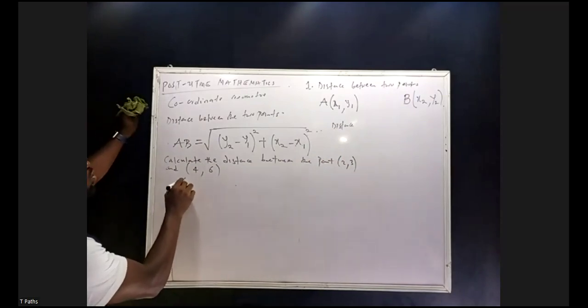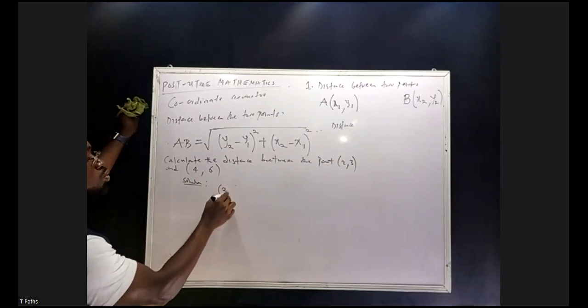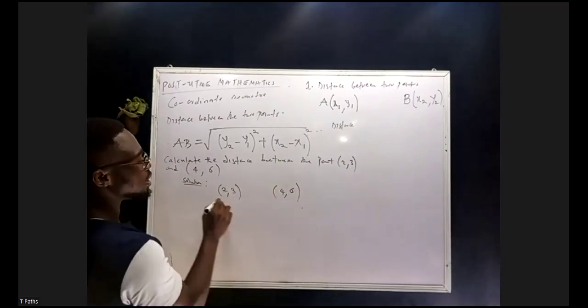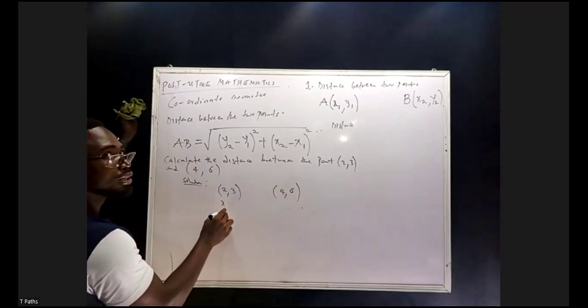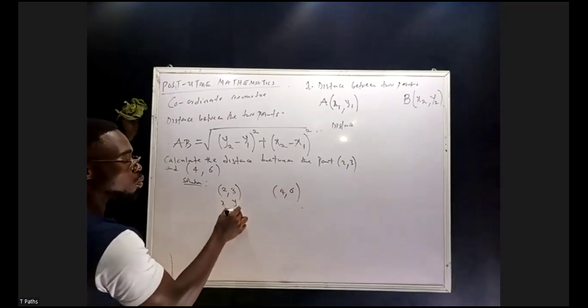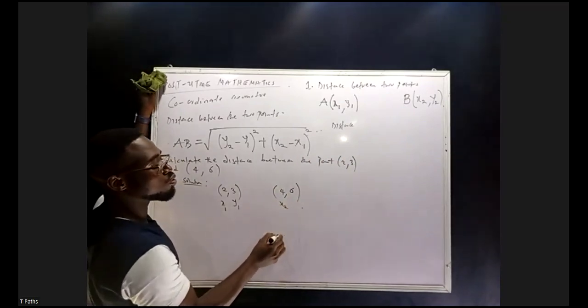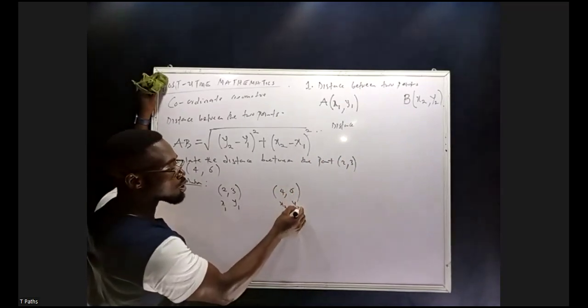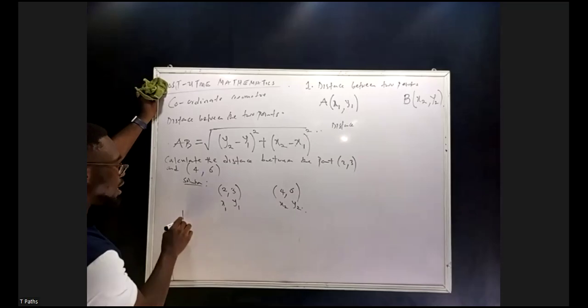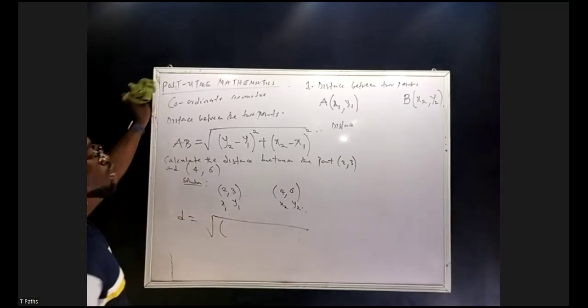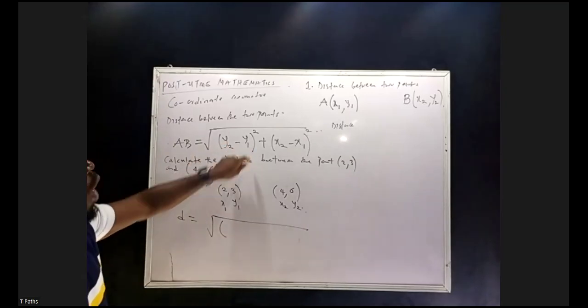So this will now be the solution. You have 2, 3. The second point is 4, 6. So this is going to be your X1. This is going to be your Y1. Am I clear? The second one is going to be your X2. The 6 is going to be your Y2. So the distance between the 2 points is giving us square root of Y2 minus Y1.